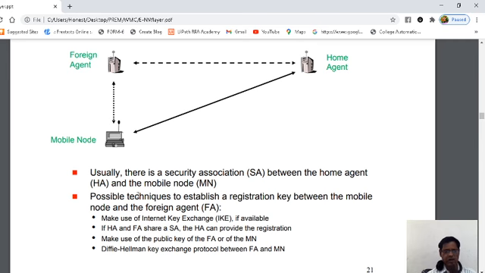The Diffie-Hellman algorithm is used in the key exchange protocol between the foreign agent and the mobile node.